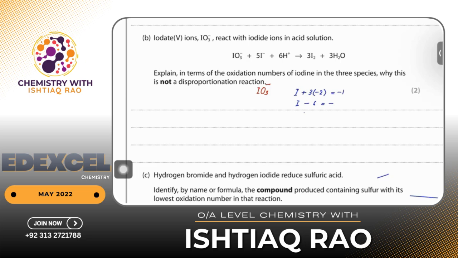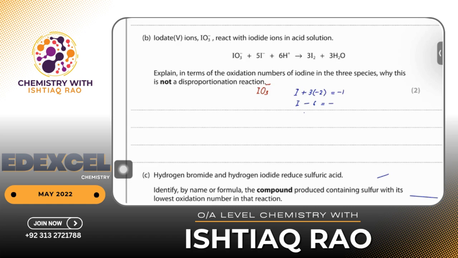So the oxidation number of iodine is plus 5, and the second iodine is minus 1. It's changing from plus 5 to 0 and minus 1 to 0. Plus 5 to 0 means that the oxidation number is decreasing, and minus 1 to 0 means that it is increasing.